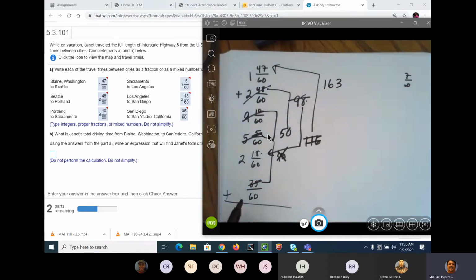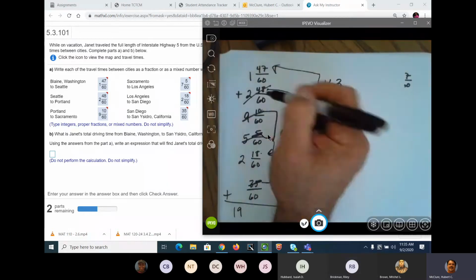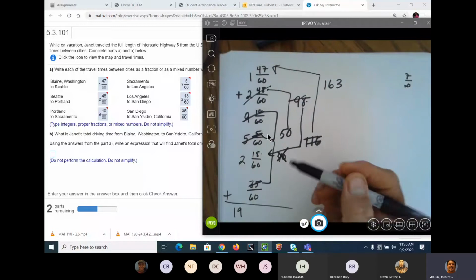So if somebody could, take your calculator and add them up for me and tell me what you get. That means I want y'all to interact with me. That means I want you to either type something in or say something. Excuse me, Corona. 47 plus 48 plus 10 plus 5 plus 18 plus 35.